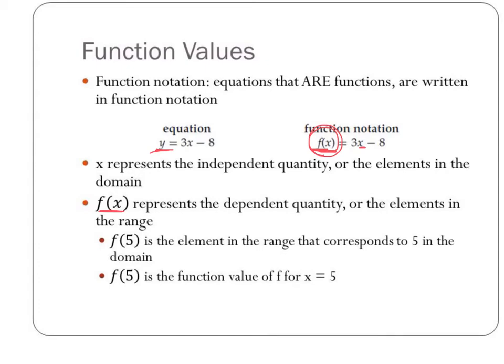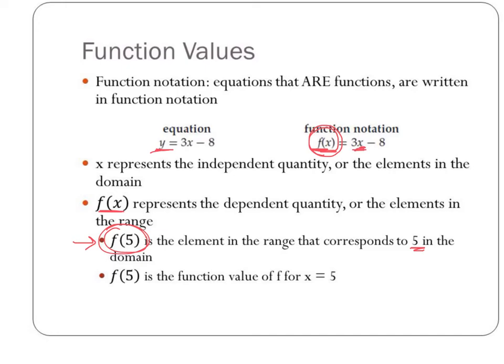So if you have something written f of x, we can evaluate. For instance, if I want to evaluate f of 5, that is the element in the range. This is a y value that corresponds to 5 in the domain. So if x is 5, what is the y value? If we look up here, let's put in a 5 for x.